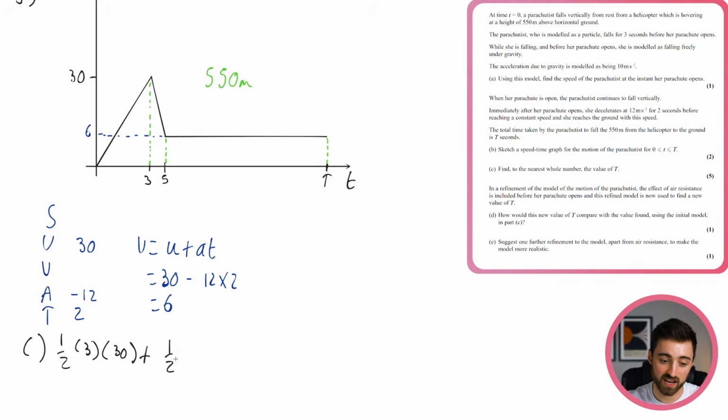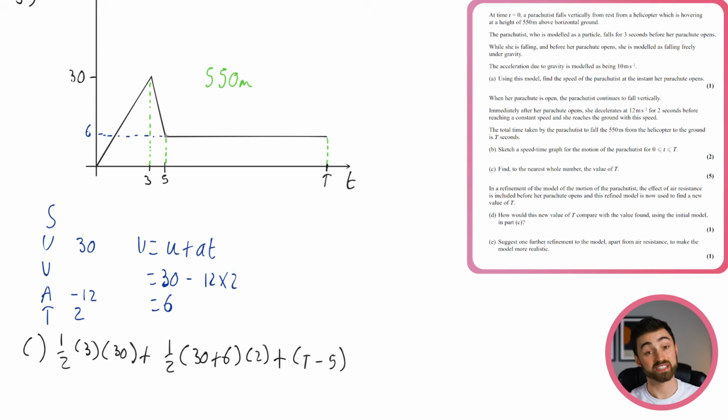So trapezium is a half times (a plus b), which are these green heights. So that's going to be 30 plus 6, times h, which is the width of that trapezium, which in this case is 2. And then a rectangle, we know how to do that. It's going to be base, which is t minus 5, times height, which is 6. All of that has to equal 550.